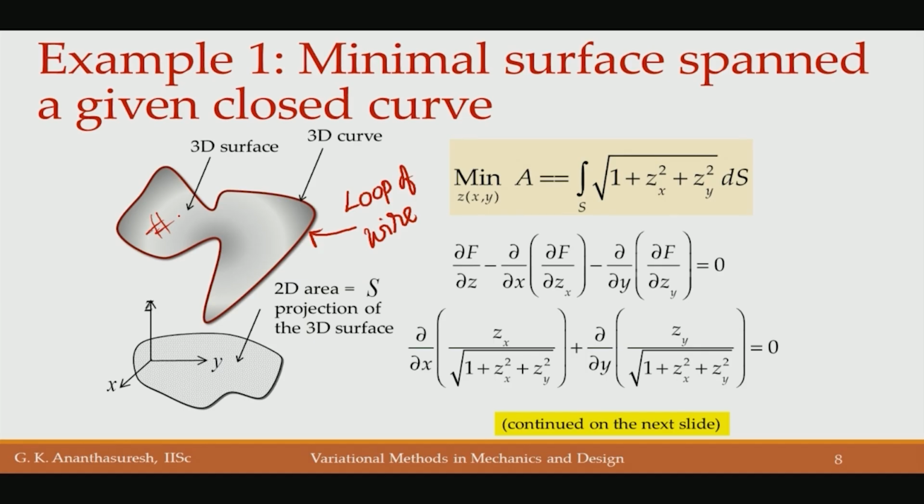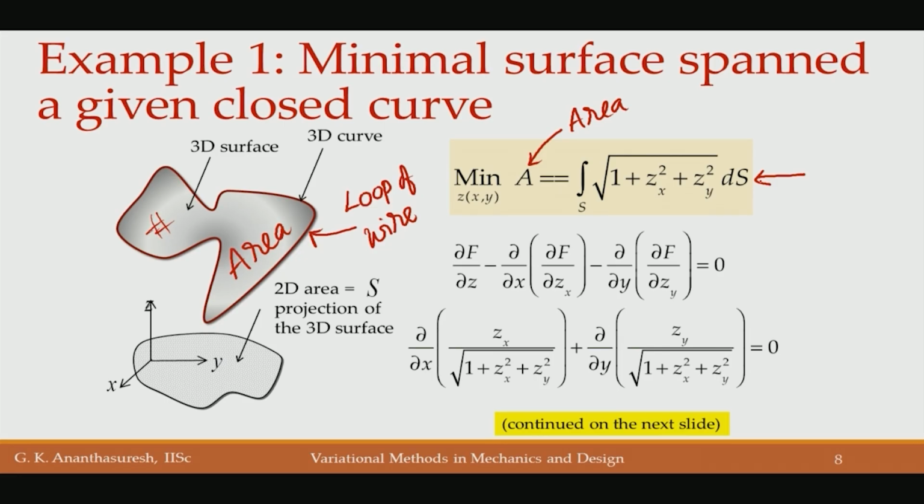That surface that the soap film forms is a minimal surface, meaning that you will be minimizing the area. This is the area of the surface, whatever area that we see here, that area will be minimized, and that area is given by the expression shown here, square root of 1 plus zx square plus zy square.